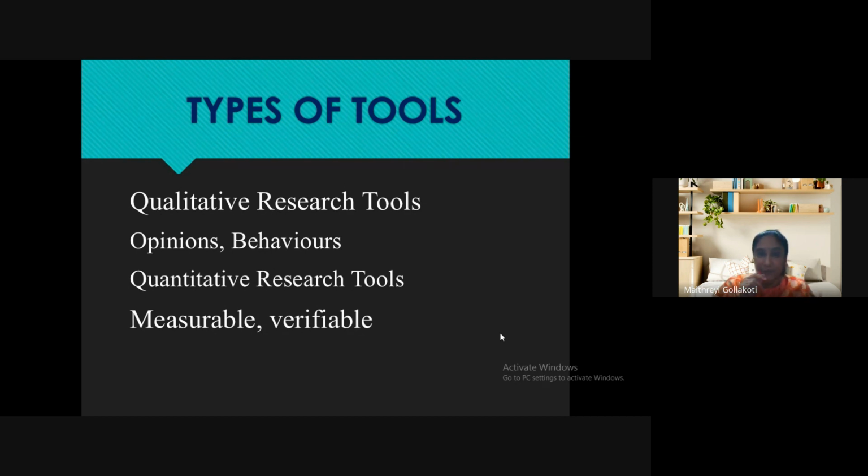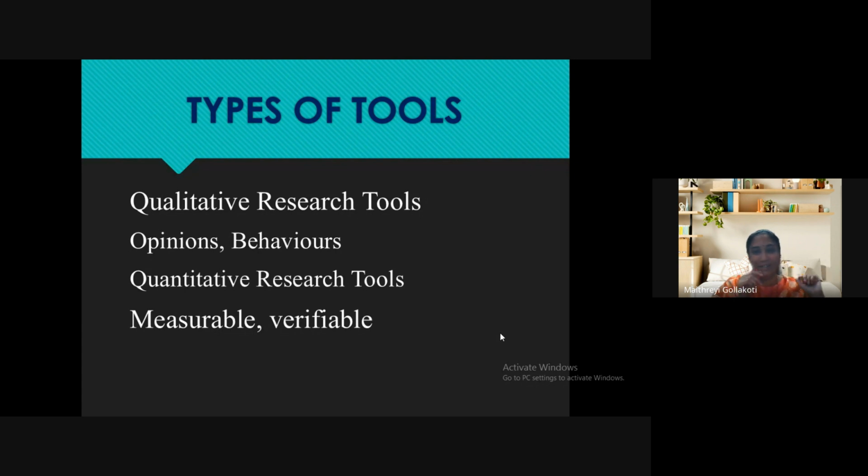Qualitative research tools, as the word says, is about qualities of people. So what are the qualities of people? We can be good, we can be bad, we can be moody, we can be angry. So many emotions are there, isn't it? And because of those emotions, we form different opinions. We can have a positive opinion, we can have a negative opinion, we can have a neutral opinion.